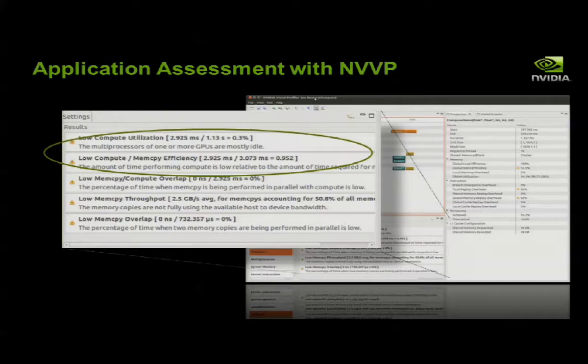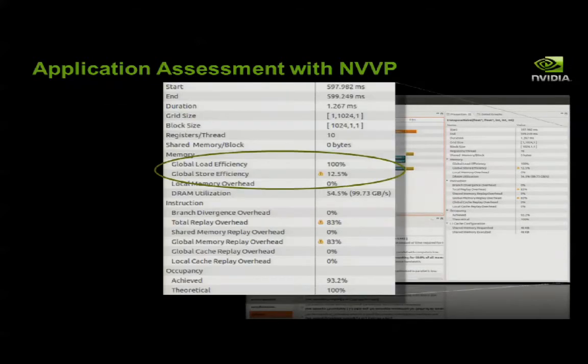One of the things here was the low compute to memcopy efficiency, so that we needed a lot of data to be moved to the streaming multiprocessors for the amount of computation that we did. We could look into the kernel, and the kernel analysis would tell us a lot of information, like when exactly the kernel started, ended, and so on. All the information that we collected previously with the command line profiler can tell us how many registers we've used.